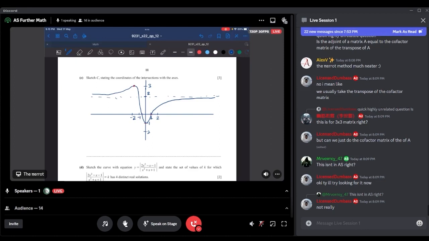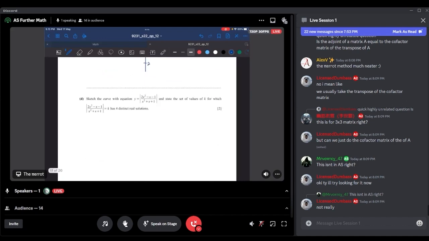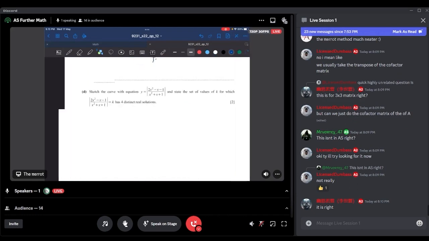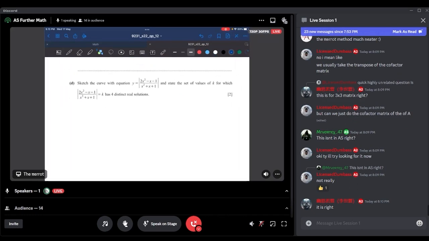But okay, whatever. All right, so to draw it again, we have to sketch the curve this time with an absolute value. Let's have the absolute value here.